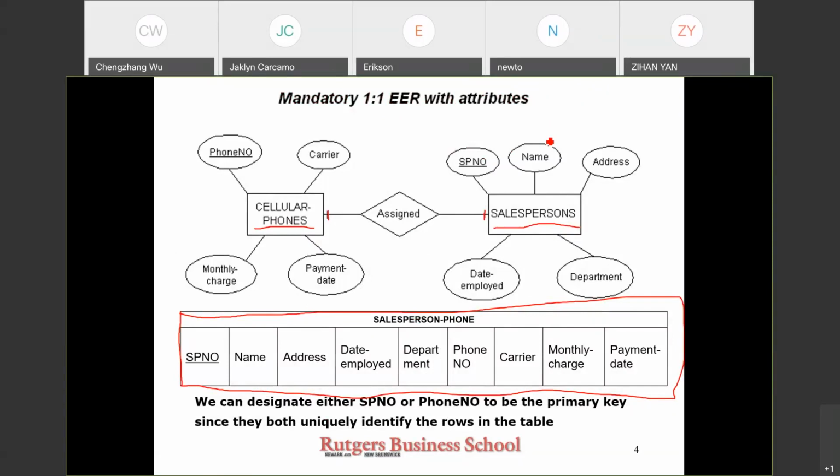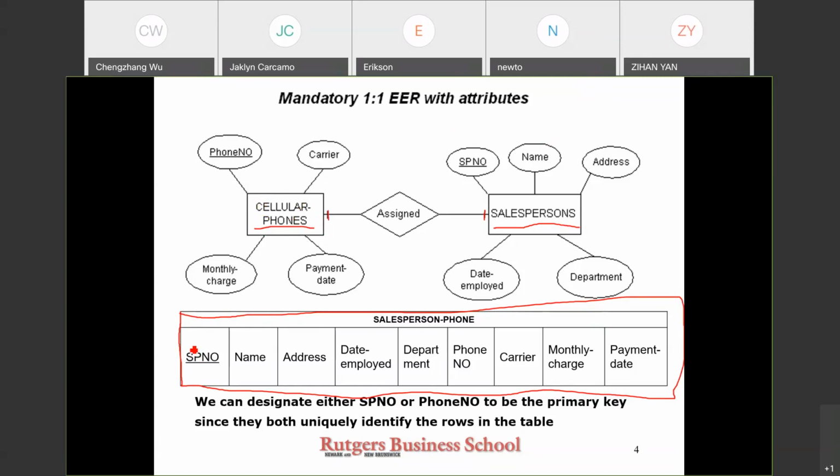So again, that means every salesperson must be assigned exactly one cell phone, and one cell phone must be assigned to exactly one salesperson. So, two entities. We collapse two entities into one table.